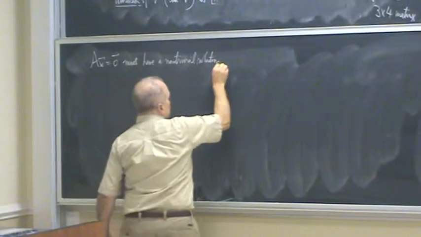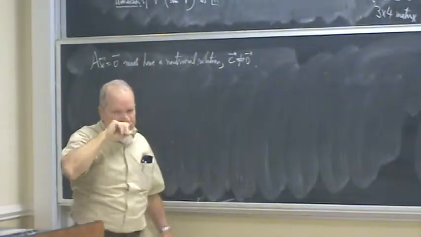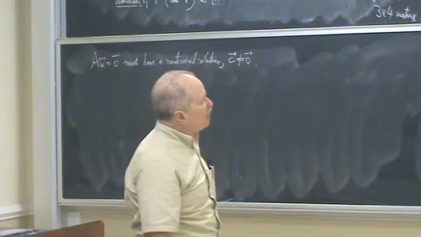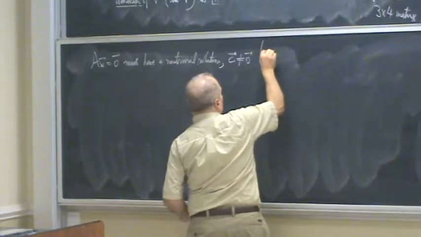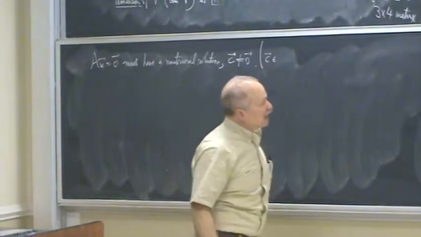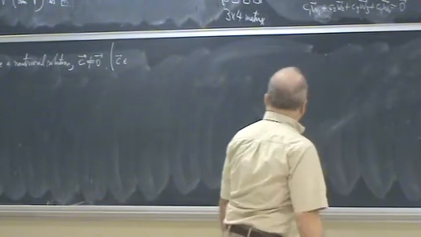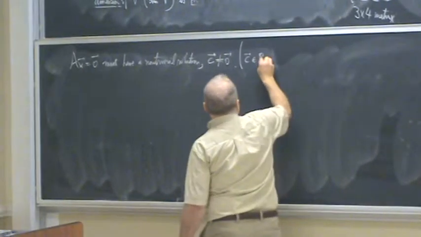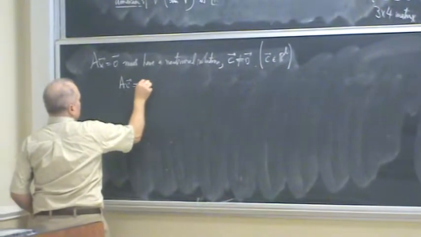Let's say C. So there's some vector C, and what space is C living in here? RL. So A times C is 0.